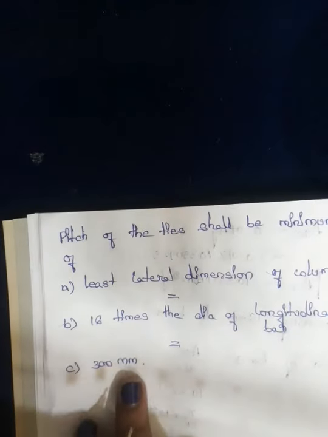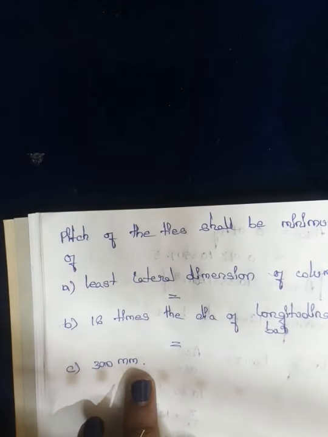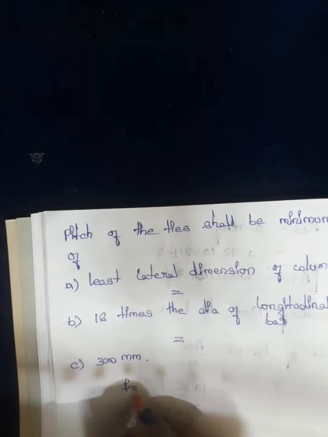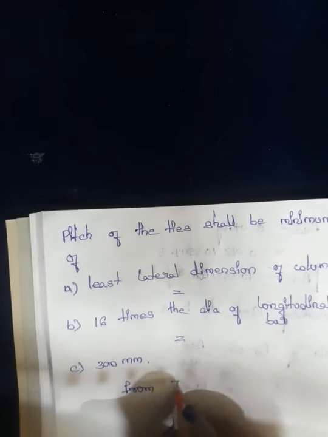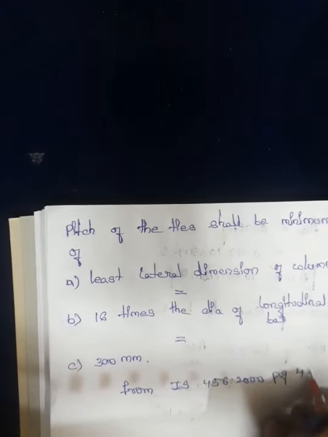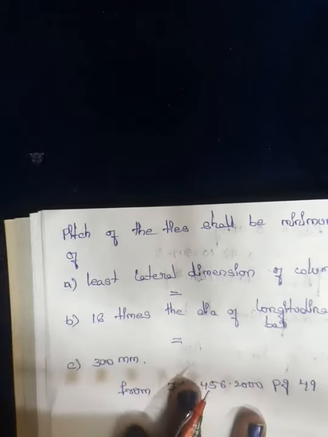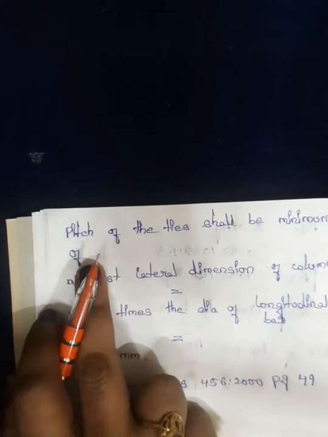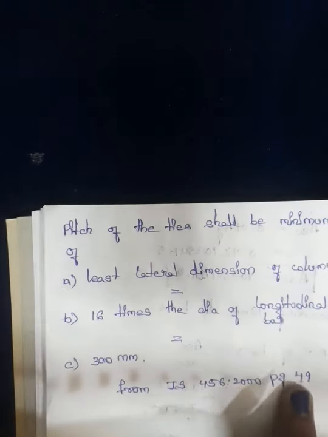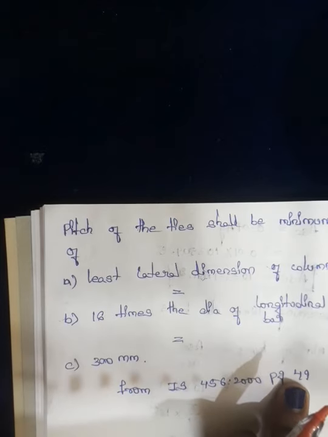If you want, I can show this in our code book also, which is on page 49. You can write here IS 456 2000 page 49, both to find the diameter of the lateral ties and to find the pitch of the lateral ties. If you want, I can show.